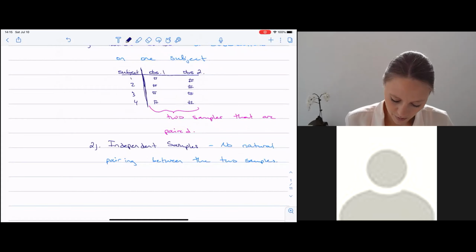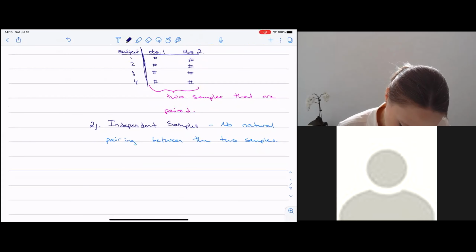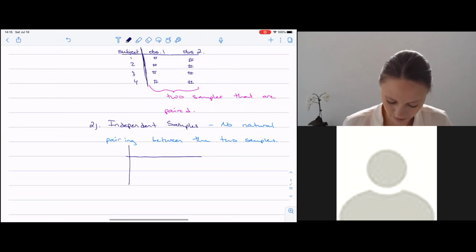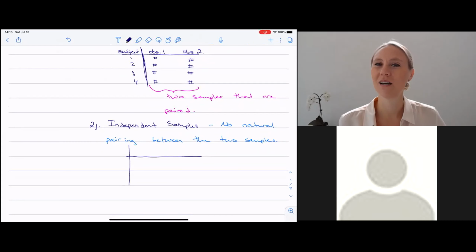So for example, maybe we have our data set here, and it looks maybe like, sure, UBCO versus UBC Vancouver. Maybe we're looking at, let's get weird, maybe the heights of people, right?